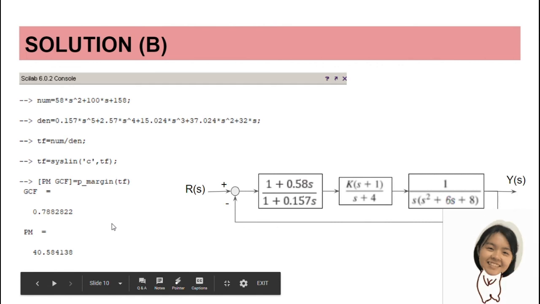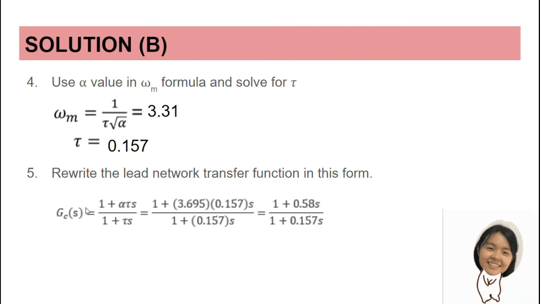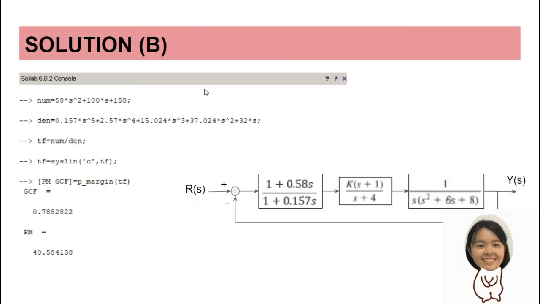This value is lower than the 45 phase margin we need because the gain crossover frequency is also affected. From the original 0.527, the gain crossover frequency has now increased to 0.788. That's all from me. Thank you.